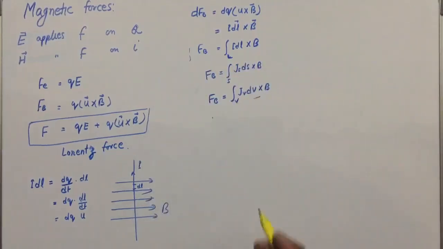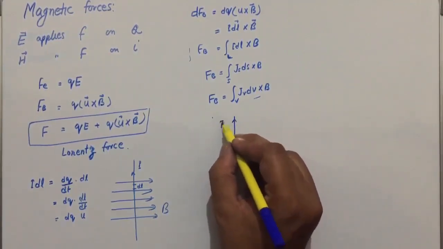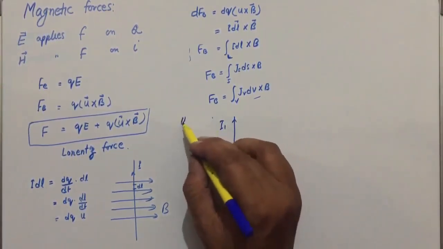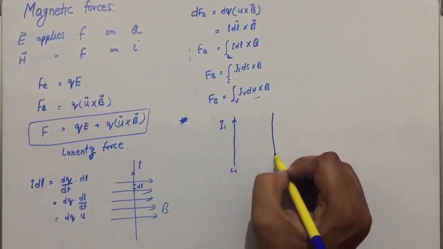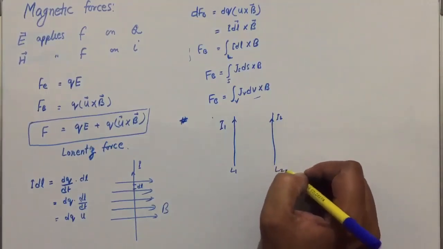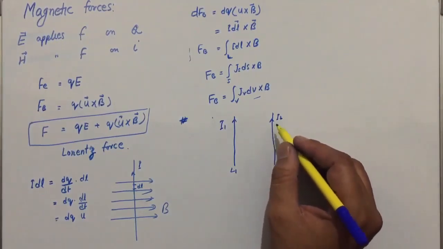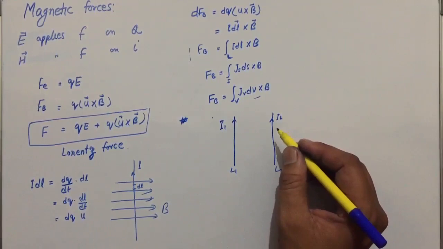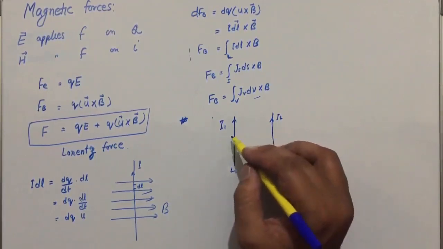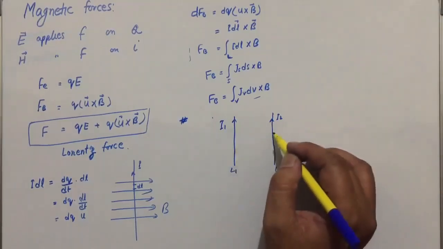Considering this, let us assume the first conductor is carrying current I1 and has length L1. Consider another conductor carrying current I2 with length L2. Now assume that I2 is generating the magnetic field and the first current carrying conductor is in that magnetic field, so force will be exerted on it due to this magnetic field.